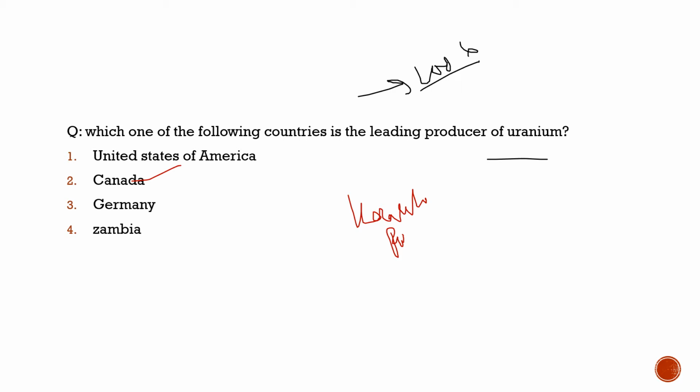The total output of uranium from Kazakhstan is 24,575 tons, around 25,000 tons, and 39% of the global uranium supply is from Kazakhstan. The other largest producers of uranium are, first Kazakhstan, then Canada, Australia, Niger, Namibia, and Russia. These are the top producers of uranium.